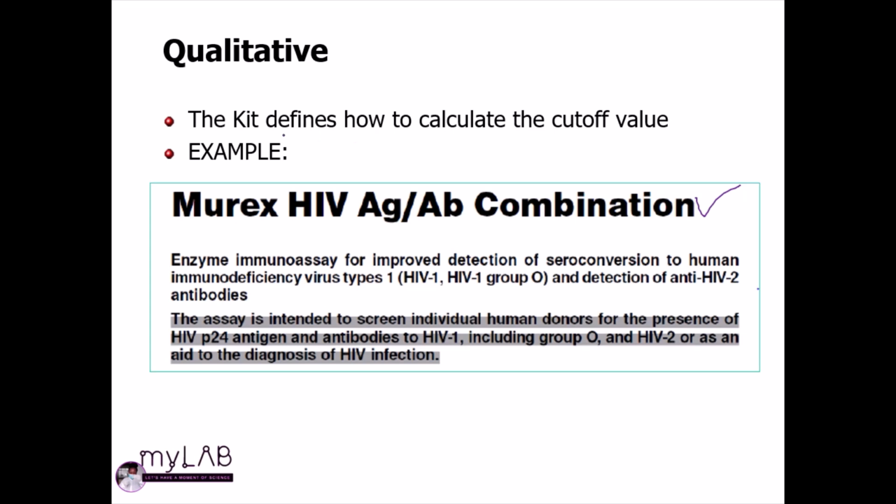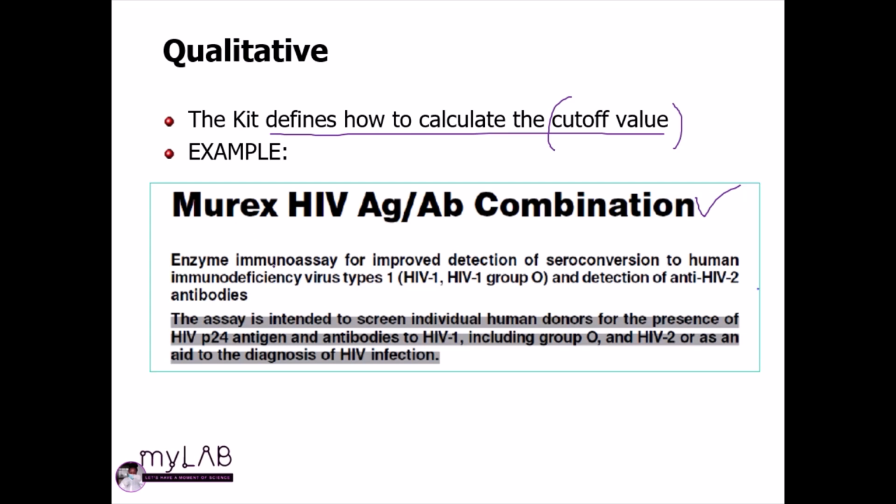Usually in qualitative, that gives us two results, that this is reactive or this is not reactive. Usually the kit will define how we calculate the cutoff point of determining reactive versus non-reactive.